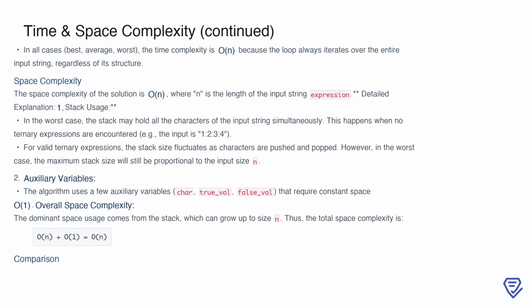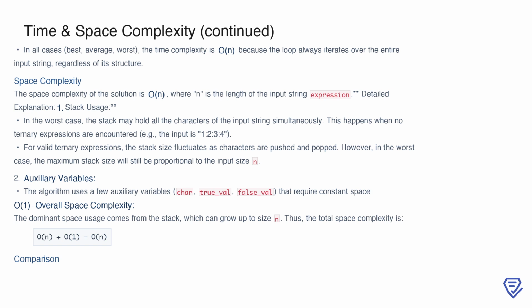For valid ternary expressions, the stack size fluctuates as items are pushed and popped, but the maximum size is still proportional to the input length. Additionally, the algorithm uses a few auxiliary variables, such as char, true_val, and false_val, which require constant space, or O(1). Combining these factors, the total space complexity is O(n) for the stack and O(1) for the auxiliary variables, resulting in O(n) overall.